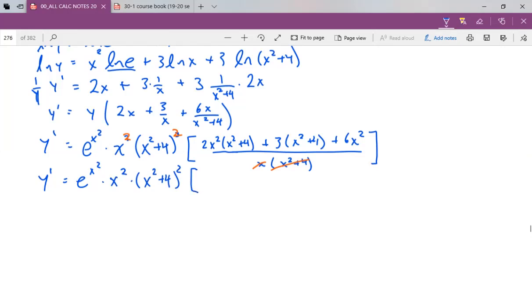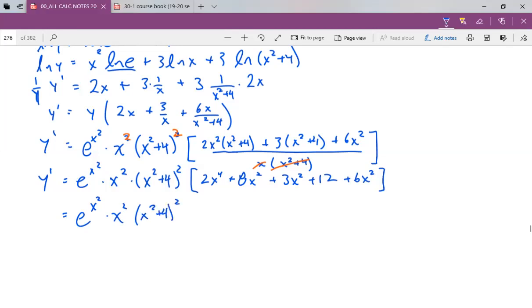And now let's work on tidying up what's left in here. We have 2x to the 4 plus 8x squared plus 3x squared plus 12, plus 6x squared, and we're almost done. So that's all this front matter.